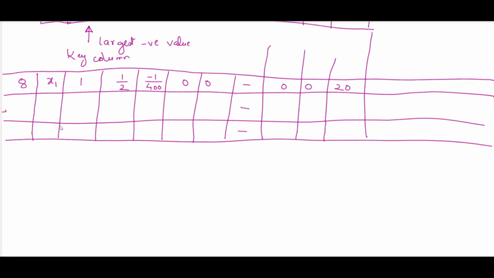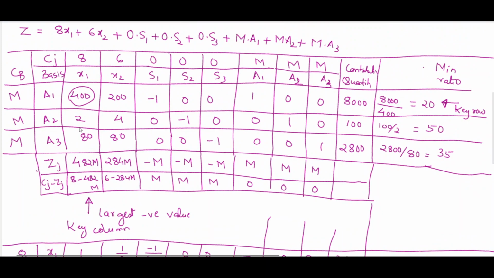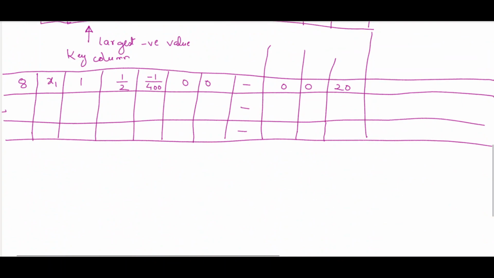Similarly, for the second row I have told you in the previous lecture what you will do. You can see that you will take 240. Likewise, let me write it down: 240, minus 1, 0, 0, 1, 0, 0, 1, 0, 1, 0, 100.